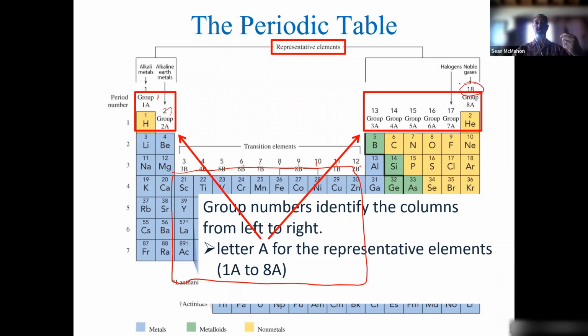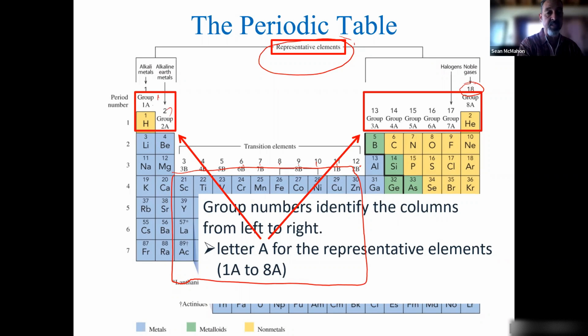The old system, it's not that it's ignoring, it focuses on what's referred to as the representative elements, the bigger blocks that don't have the valley, the more commonly discussed elements. It looks at the representative elements and gives them a letter A to distinguish them.